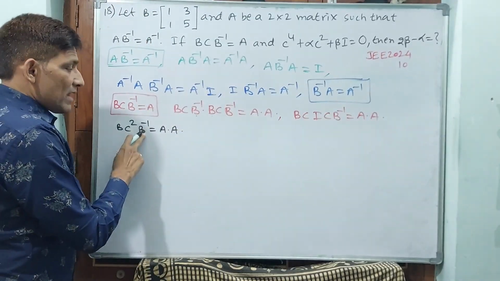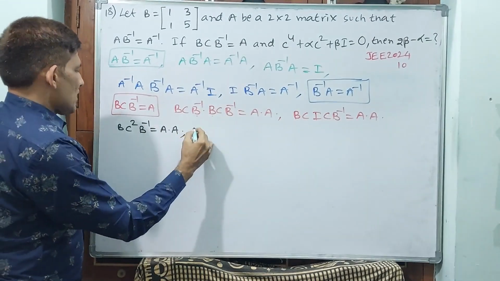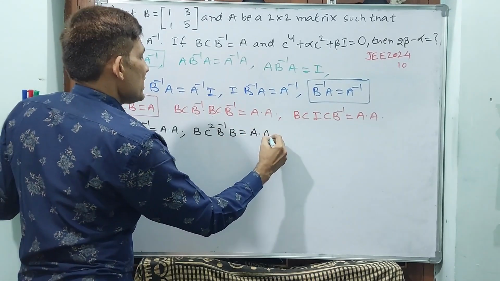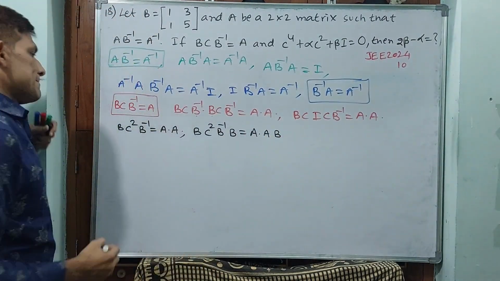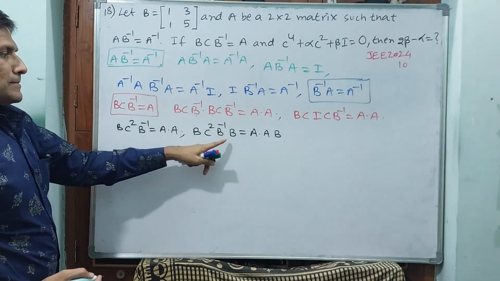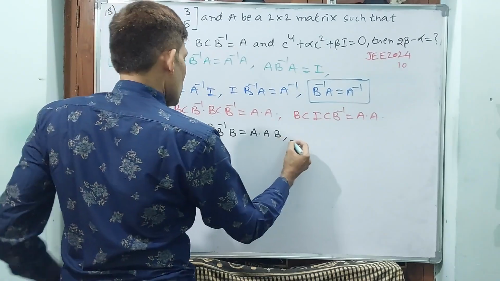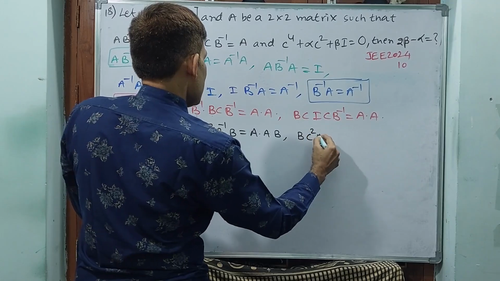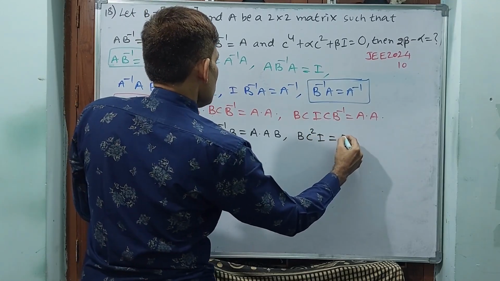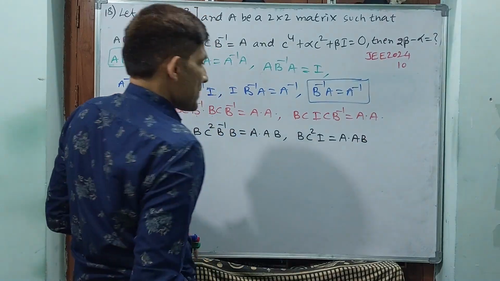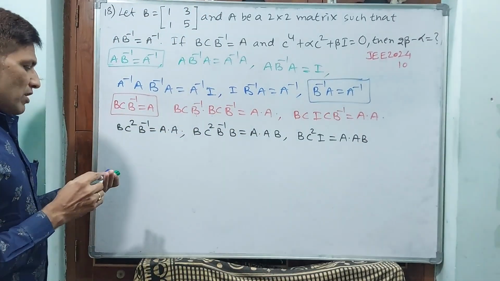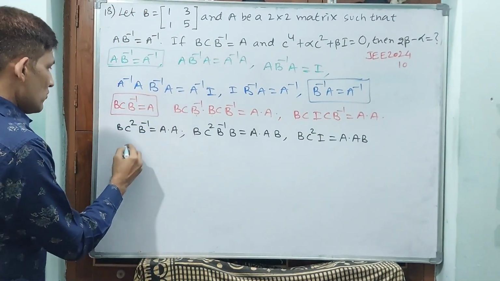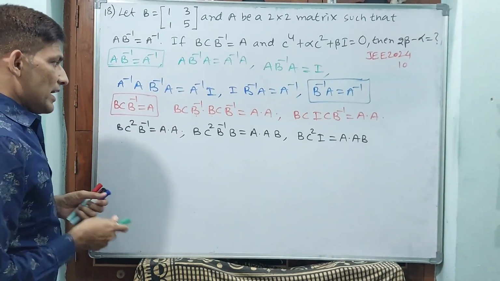Now see, again I want to get this as I. What I will do: B C square B inverse B is equal to A A B. Now it is going to become B C square I, that is equal to A A B. Let it be A square B, but I want to keep A B. Again now C square I means B C square only. Don't forget, I we can remove.